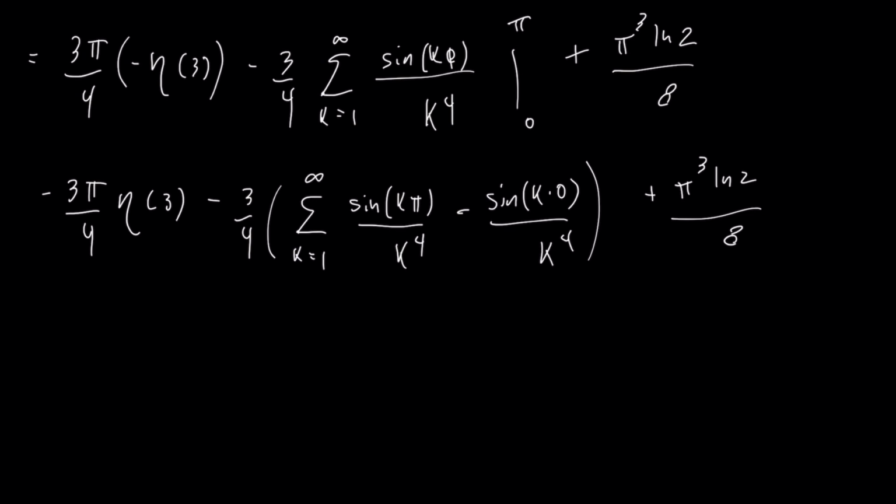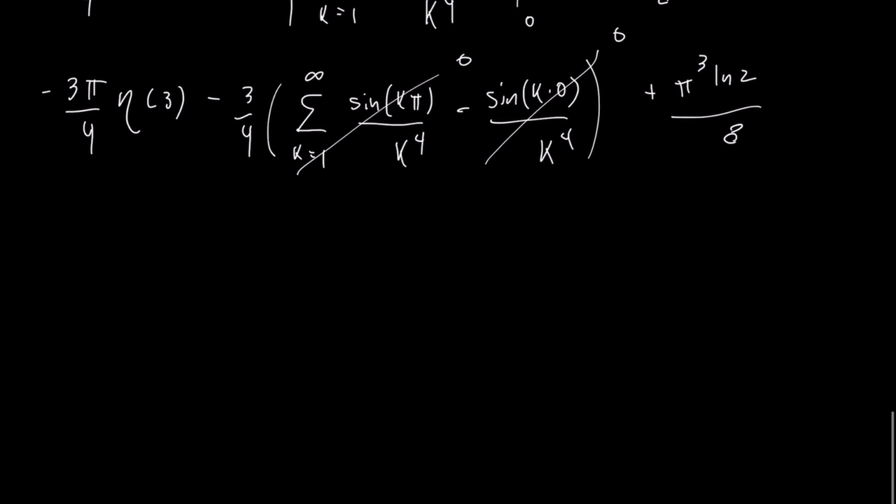And the sine of 0 is 0, so this will cancel, and the sine of k pi, like we said earlier, will also go to 0. So this entire thing collapses towards 0, and we're left with negative 3 pi over 4, the eta function at 3, plus pi cubed log 2 over 8.